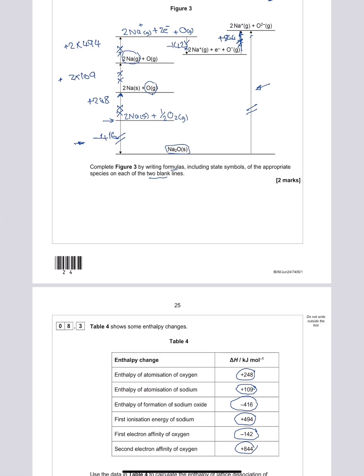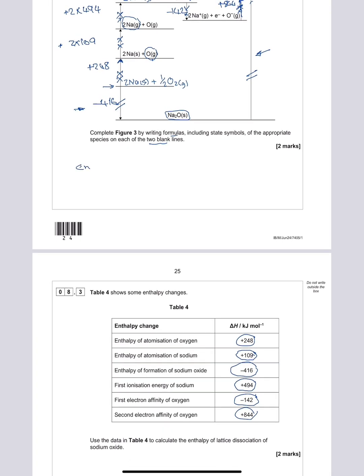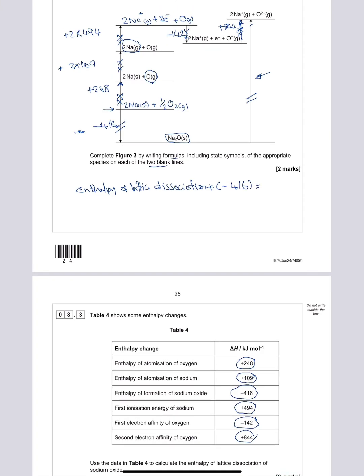So now that means that the enthalpy of lattice dissociation plus the enthalpy of formation, which is minus 416, will equal the total of the other ones, which are the 248 plus 2 times 109 plus 2 times 494 plus minus 142 plus 844.